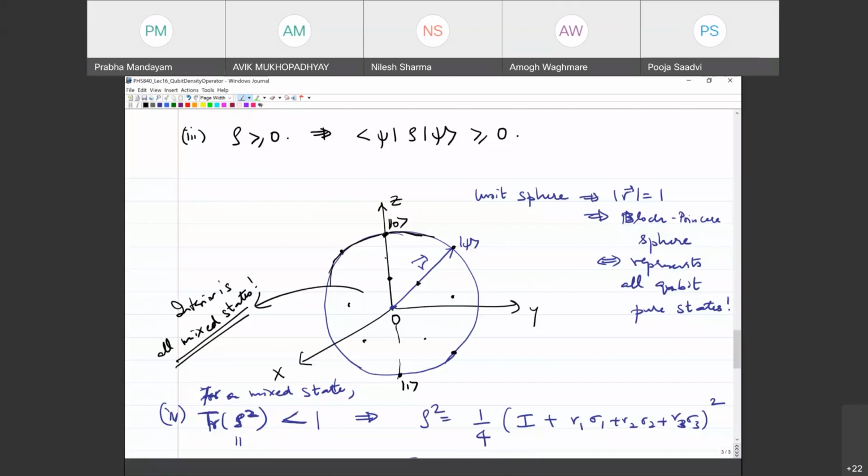If any 2 points I take here, their convex combination must be some point in the interior of this. Because this is basically describing a convex set for you, those of you who have done a bit of convex theory. Anyway, now what is the point at the middle, the origin?